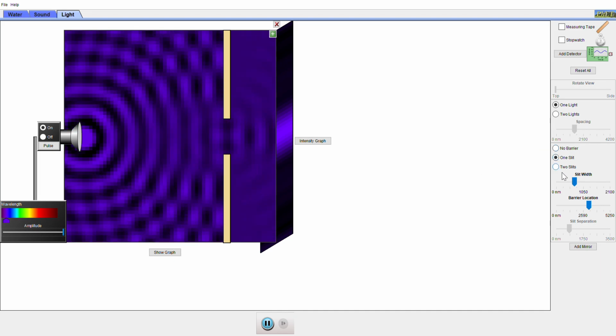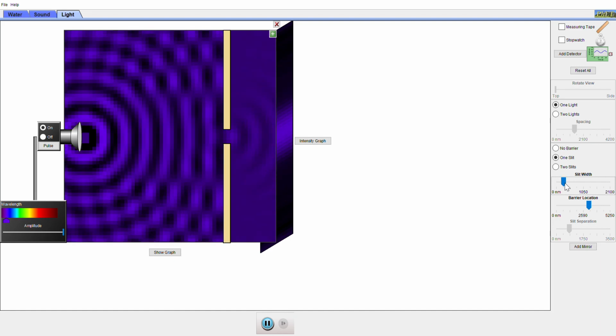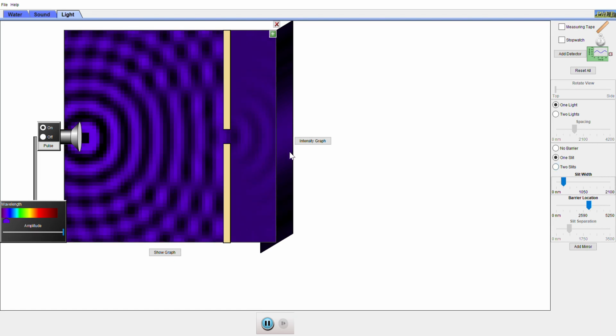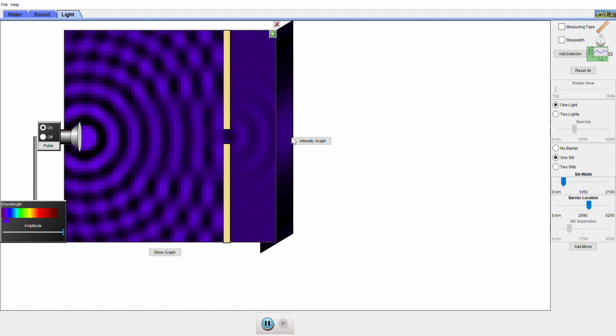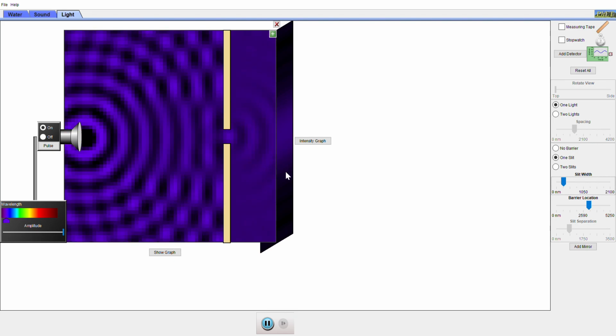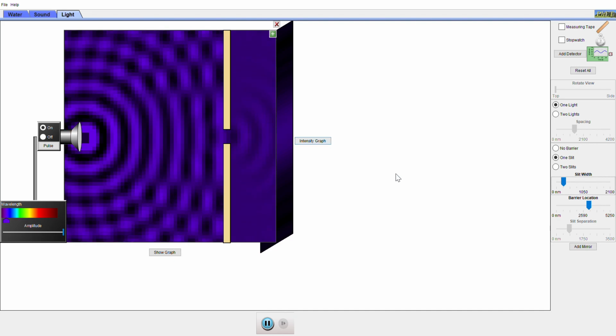Now let me make the slit smaller. There's a little bit of diffraction going on now. You can see instead of just light where the gap is, you're getting some diffused light on either side because of the diffraction, this bending of the light as it goes through.